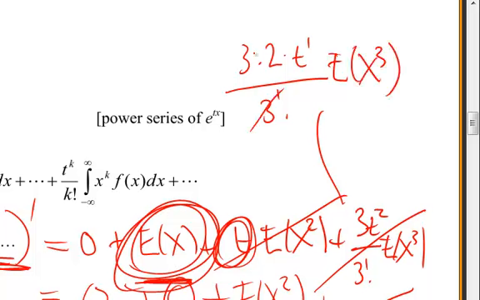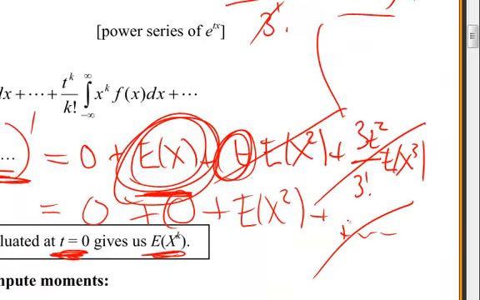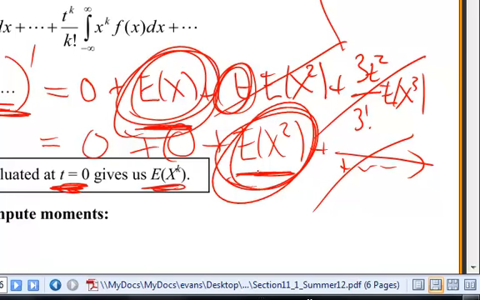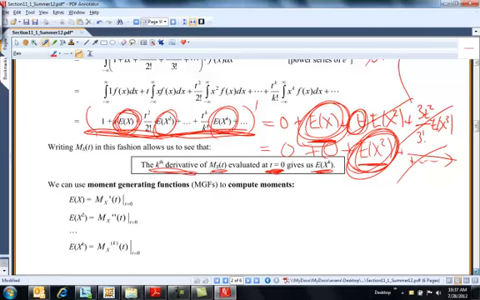And notice that this all cancels out, so I just have a t in front of there, and so forth and so on. And when I put in 0, all the terms past x squared wipe out, and I just have expected value of x squared at the second derivative. So that's what I'm trying to show right here.